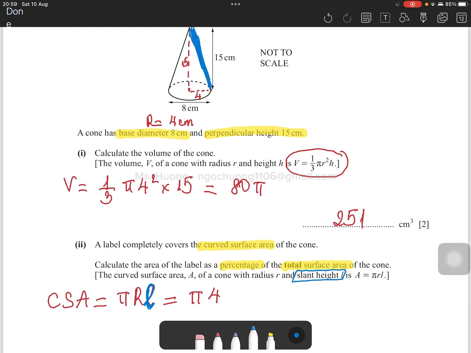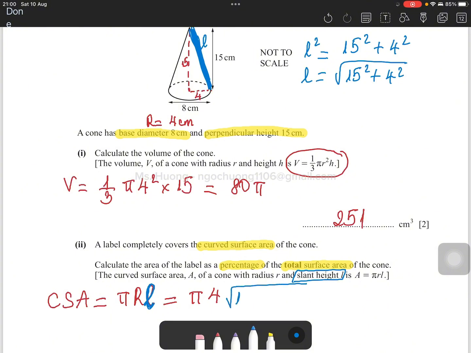You see that the two red sides and the blue side make a right angle triangle, right? So L squared, the hypotenuse squared, is equal to 15 squared plus 4 squared. So L is equal to the square root of 15 squared plus 4 squared. I will write it here. And this is equal to 195 square centimeters.